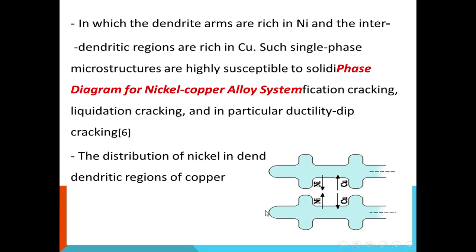It can be seen that segregation in the dendritic structure, rich in nickel and poor in nickel, rich in copper and poor in copper, occurs in the dendrite arm spacing.